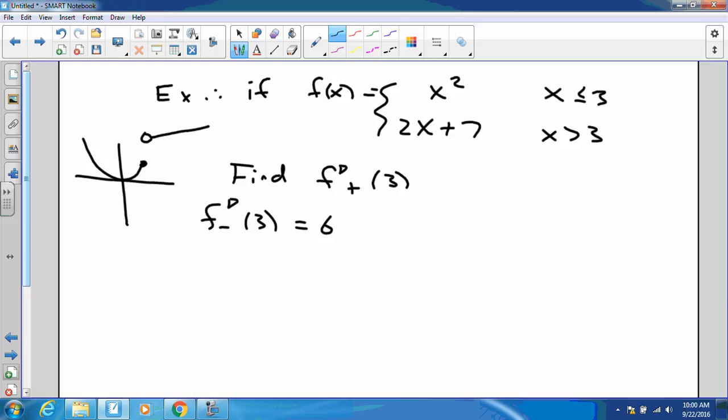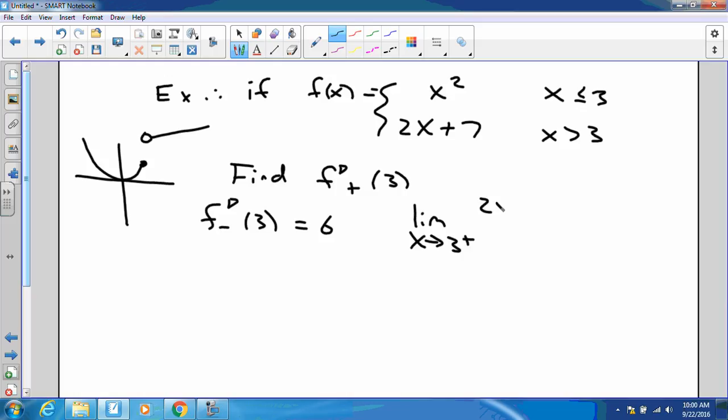Now when I graph my function, I notice something a little disturbing about it, and that is that my graph is discontinuous. And I wonder what's going to happen to my poor right-hand derivative when I compute it. So let's find out.